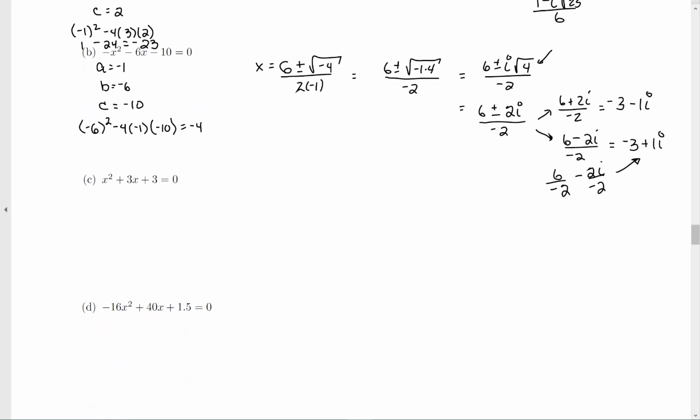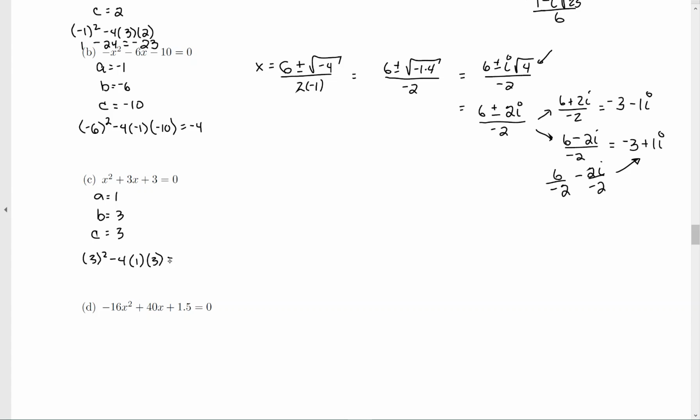All right, letter C, we have our a is 1, our b is 3, our c is 3. In fact, this is one that we did earlier when we were graphing the quadratic. So b squared minus 4ac, that's 3 squared minus 4 times a times c.